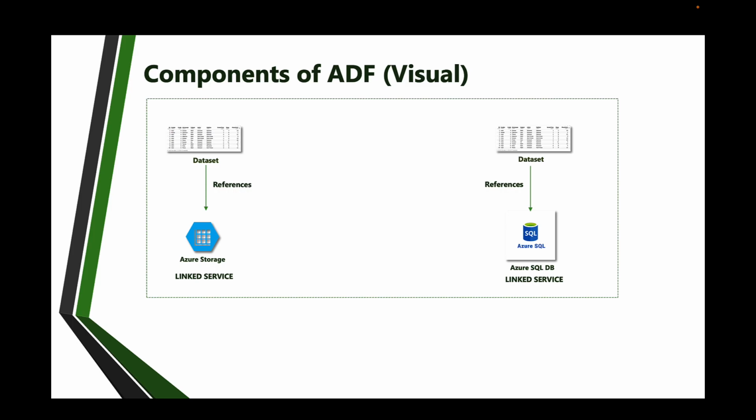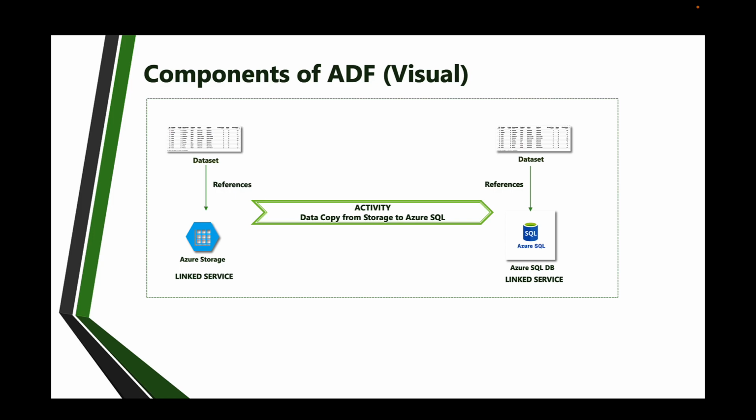So within Azure Data Factory, I could have multiple linked services, and there could be multiple data sets based upon certain linked services. That's one very important concept. Now we understand data set, we understand linked service. The last piece is the activity. The third component, an activity, is for example when I want a data copy activity from storage to Azure SQL.